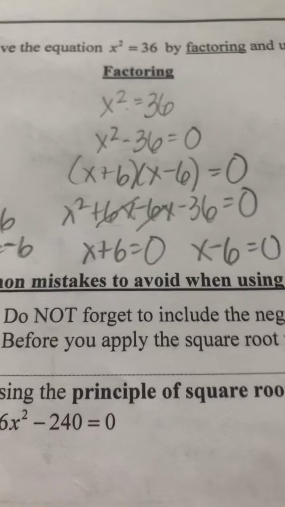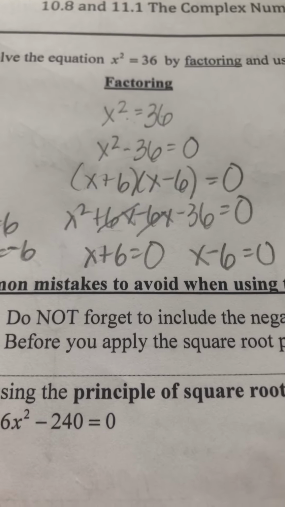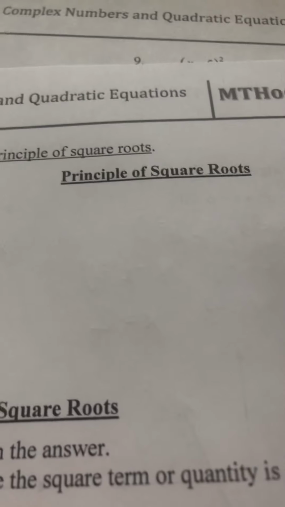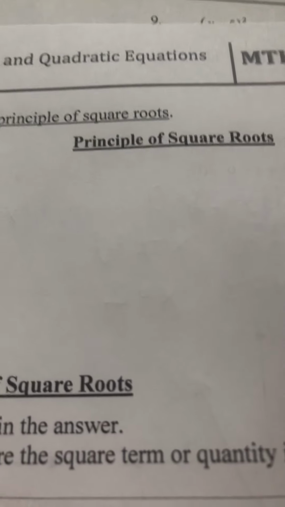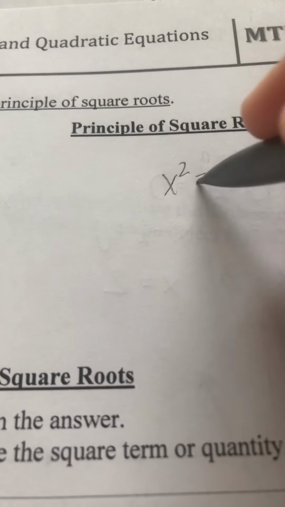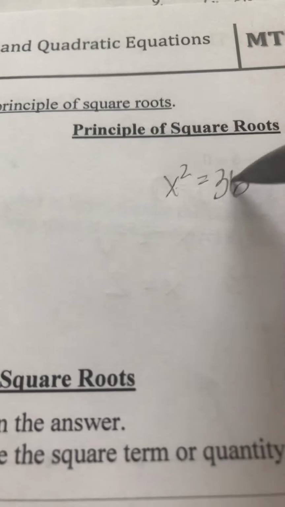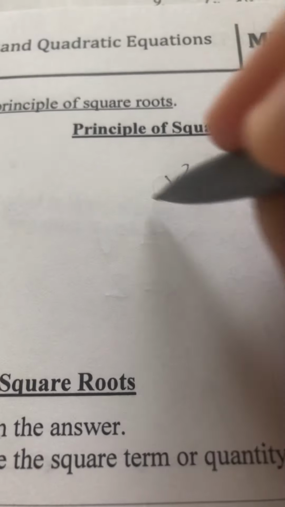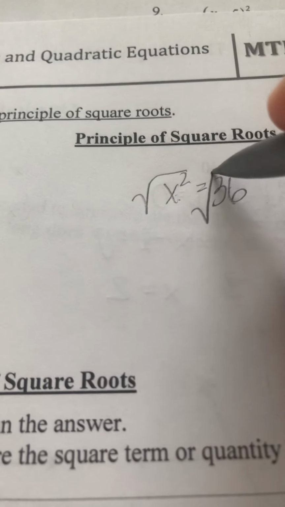Okay, well, we have another way to solve problems like this, and I covered this for a second on the front page. It's called the principle of square roots, and we use this method all the time in Math 180. So instead of bringing 36 over, you can just look at this and take the square root of both sides.